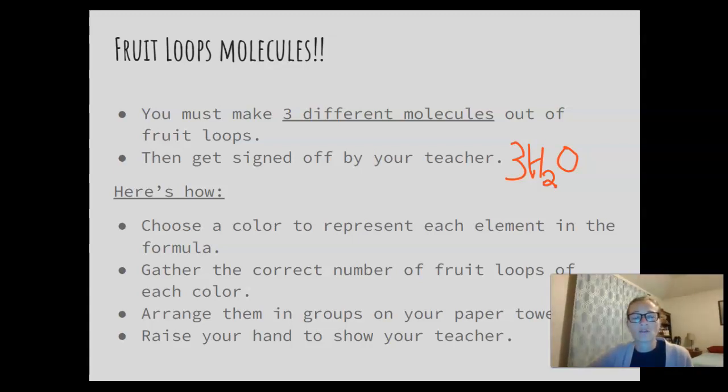Because of this 3 in front, I'm going to need 3 times 2 H's. So if I do red for H's, I need 6 H's. Then I need 3 O's. Let's say I do blue for O's. Okay, then I'm going to try to arrange my little molecules on my paper and draw them onto your worksheet. Okay.